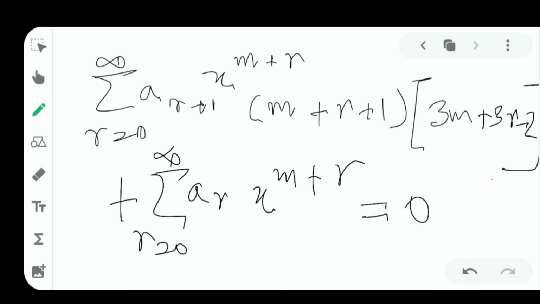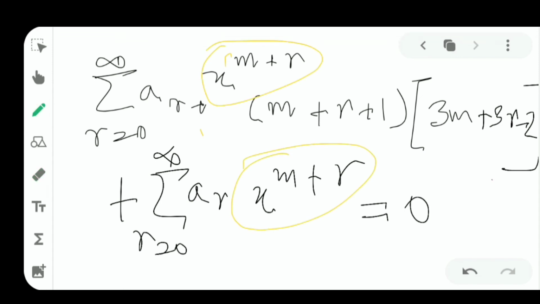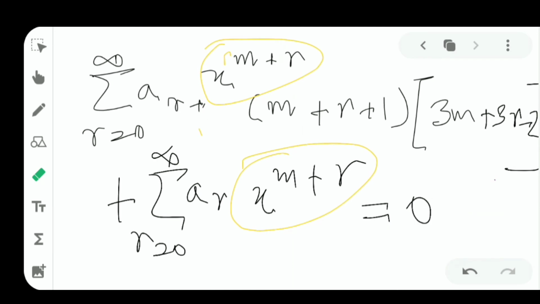Now see this term and this term: this term means x to the power m plus r plus 1, and this is common. Sorry for that, it will be a_(r+1).